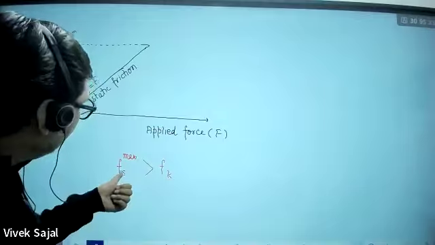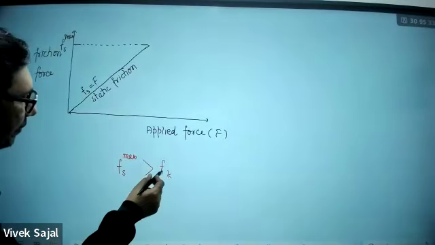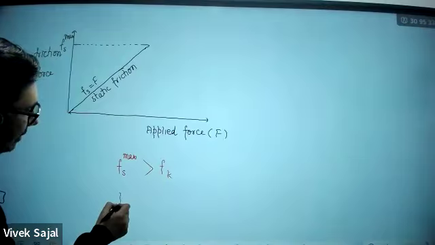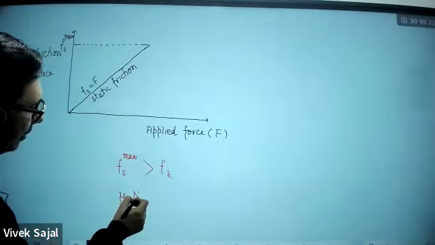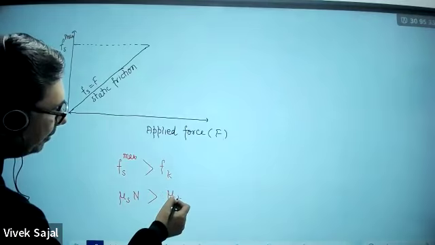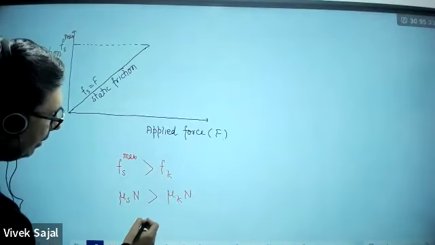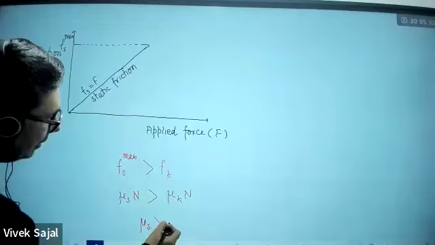So that's why this Fs max will be greater than Fk. Fs max is mu s N, and Fk is mu k N. N will cancel out. So this mu s will be greater than mu k.